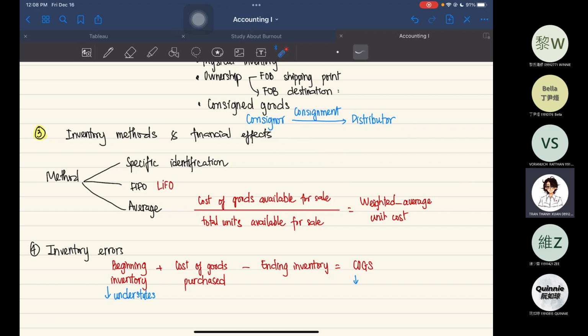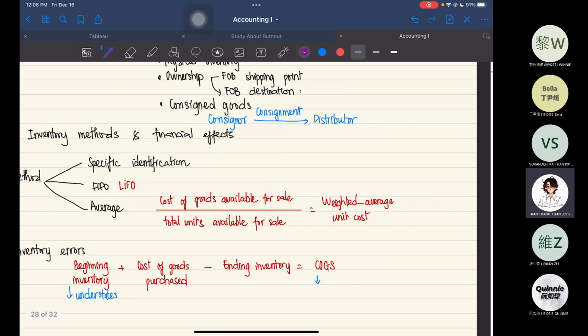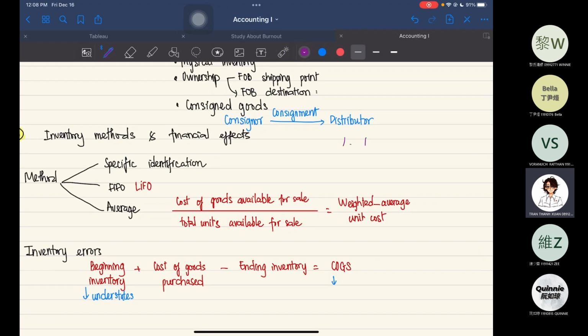However, in FIFO, which means first in, first out, like on the first day you import two items for $100. Second day, you import two items for $50, but they are different items at a different price.